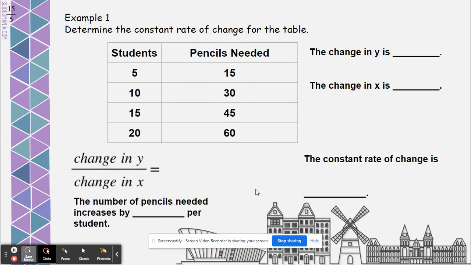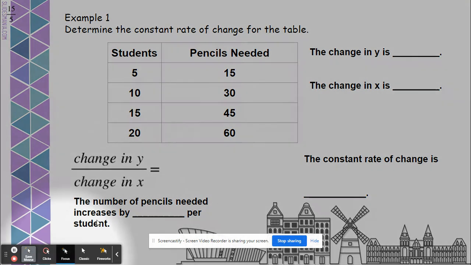All right. Let's look at one more. So we have the number of students and the number of pencils needed. So we are going to go right along like we were. We are going to determine the change in y. And this time I'm only going to check one y value.